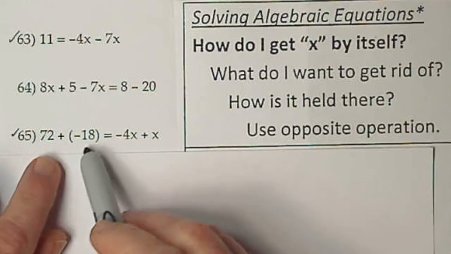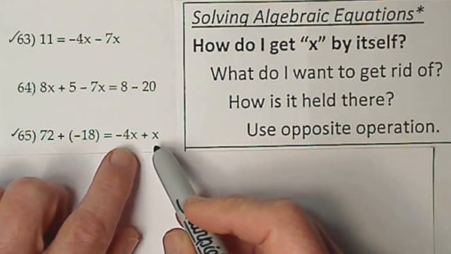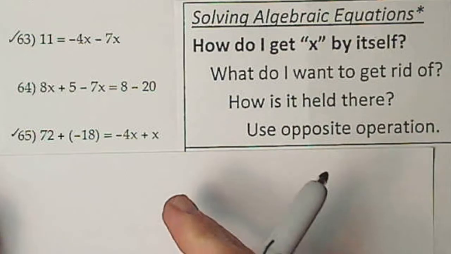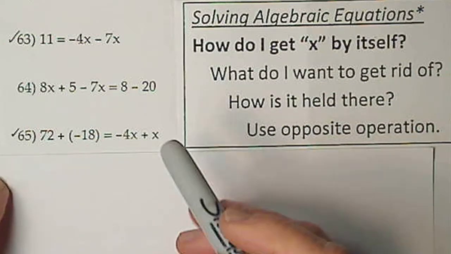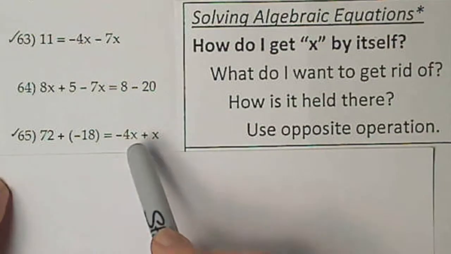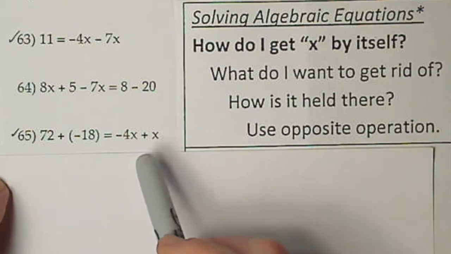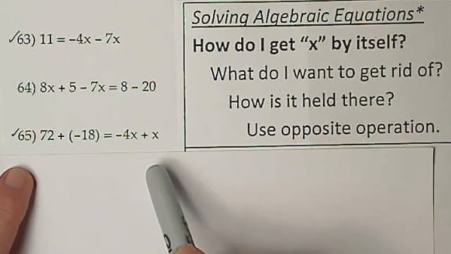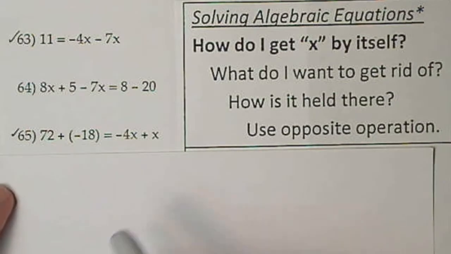You have like terms, we could put them together. These like terms, we could put them together. So that's usually what we prefer to do. I could start by getting rid of that negative 4, which is held there by division, but it gets rather complicated. Your life will be easier if you just clean up each side whenever you can.